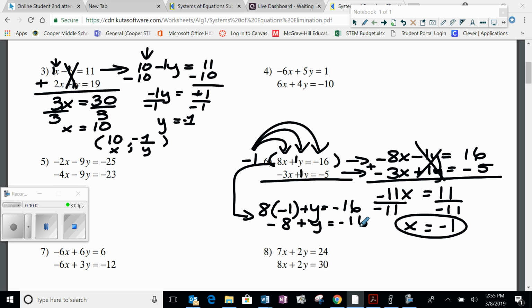Now I need to add, because it's a negative 8, I'm going to add it to the other side. So I get y equals negative 8. So my answer is the coordinate point negative 1, negative 8. Oh, wow. I can get negative.